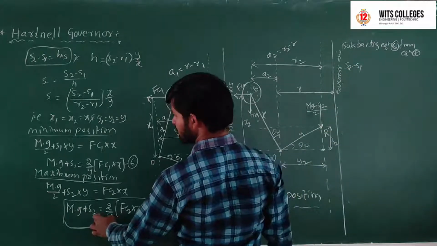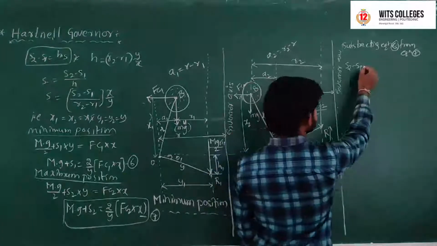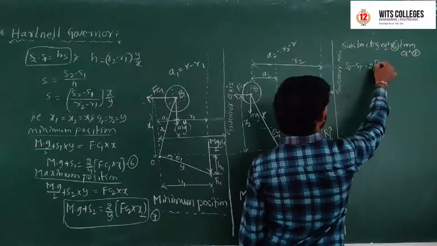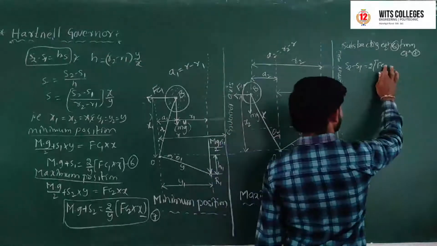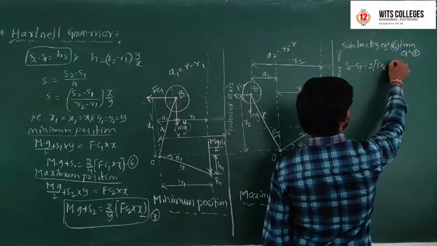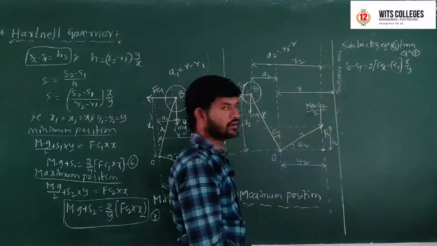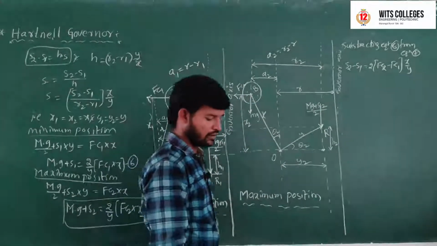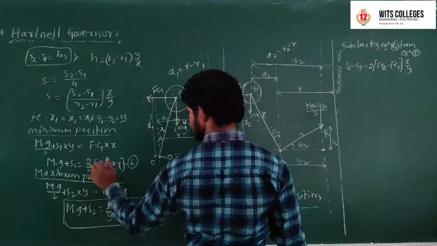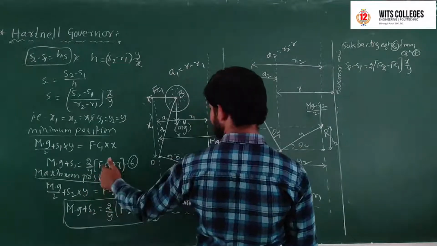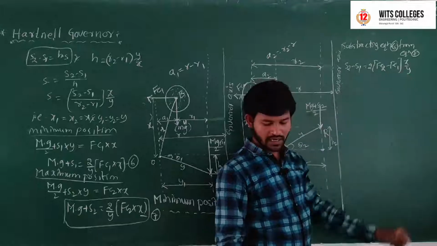Here s2 minus s1 equals 2 by y into fc2 minus fc1 into x.